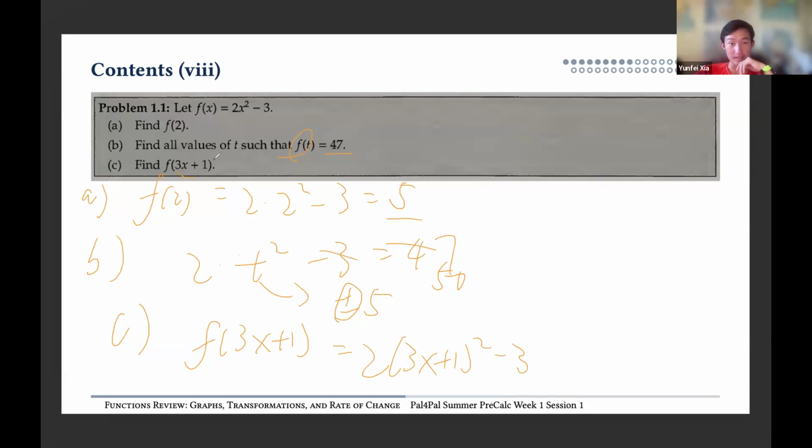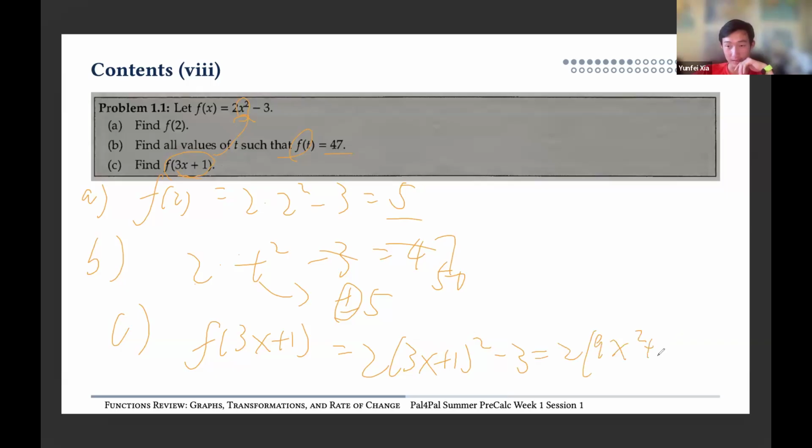But imagine this is like something, and you plug this into the entirety of x. So the x here is replaced with whatever this is. Right, so therefore we have this. And then algebraically you can expand it.